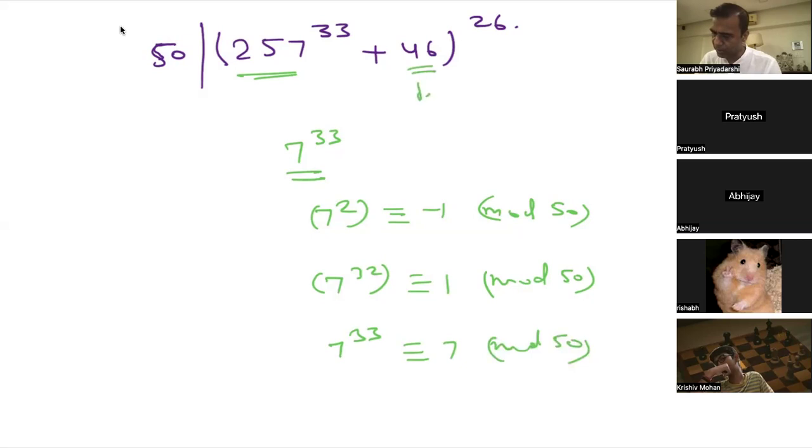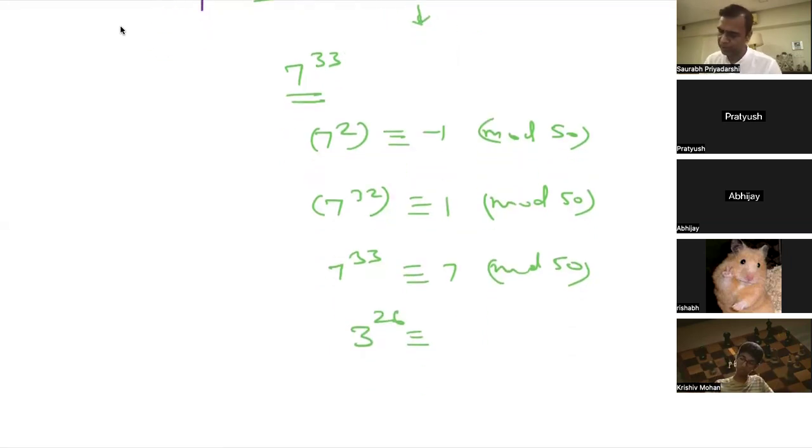And 46 is nothing but -4 mod 50. So overall I'm getting 3 to the power 26, which I have to find when divided by 50. That is, the last 2 digits.